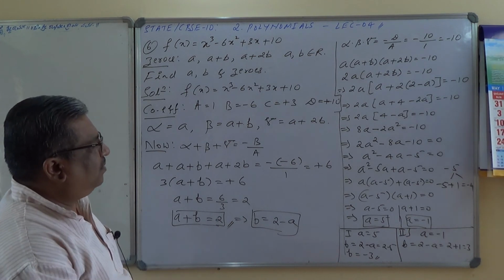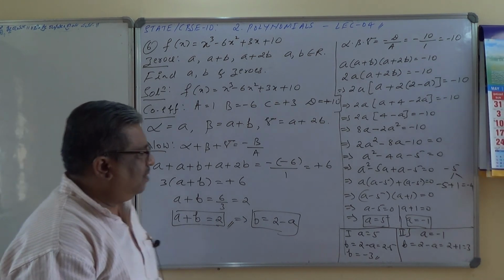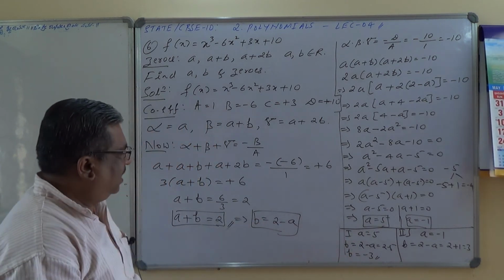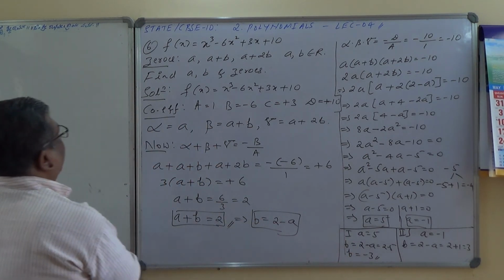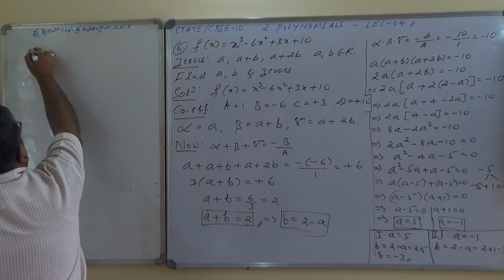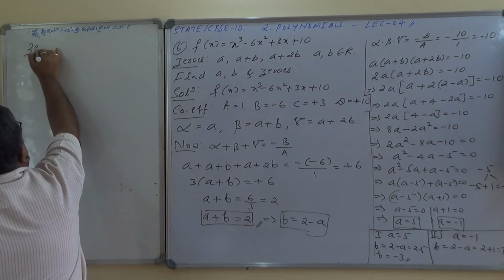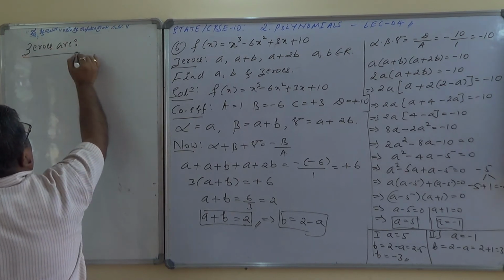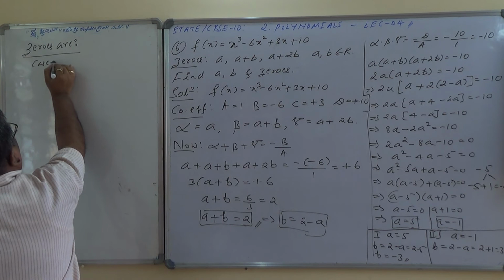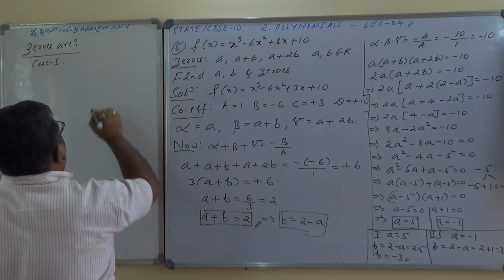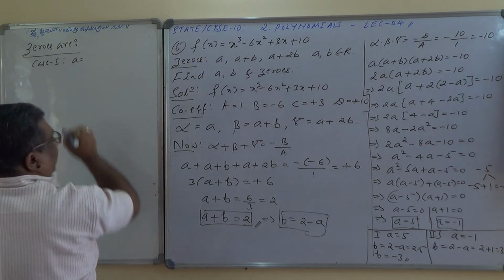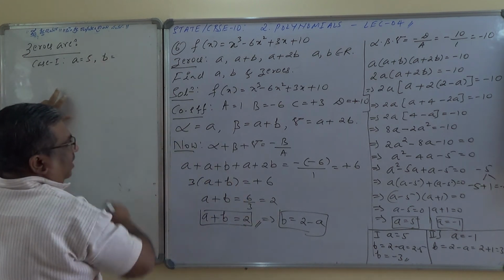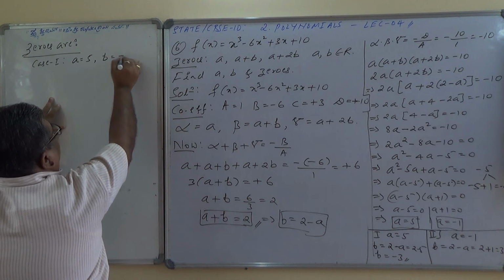Now zeros I have to find out. So in zeros also, case 1, case 2 I have to work out, and I write here on this side. Therefore here I write zeros are, case 1, a equals 5, b equals minus 3.